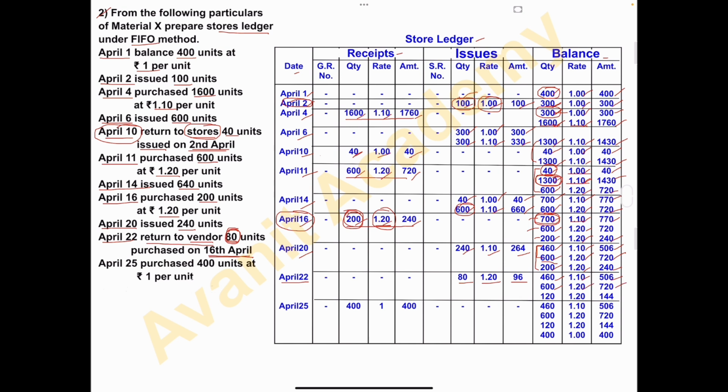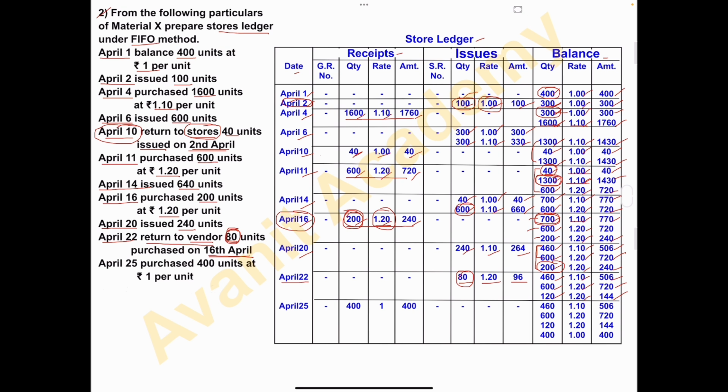And from this 200 we have returned 80 units. So from this 200 minus 80, the remaining balance is 120 units, and the rate per unit is 1.20, 120 into 1.20, and the amount is 144. Got this calculation?